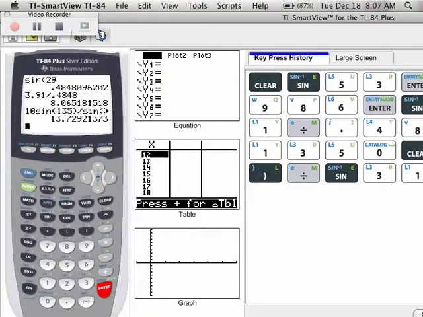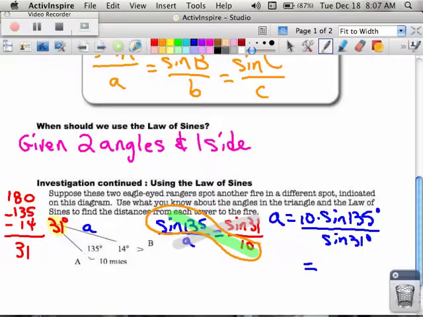I get 13.73. Don't forget to end your parentheses. So 13.73 is the length of a.